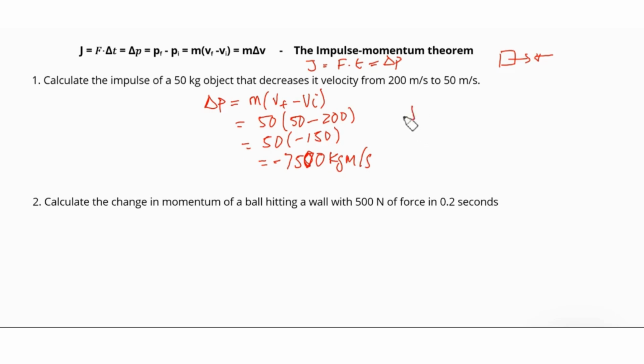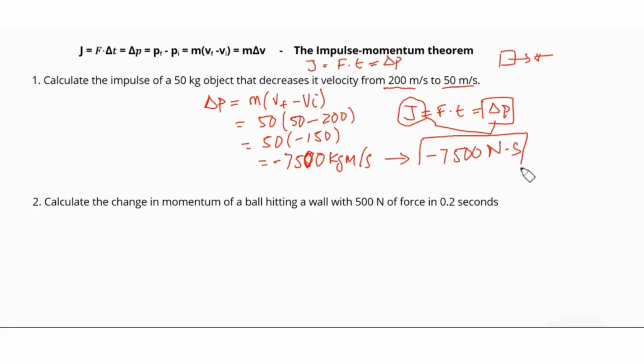Since J, which is F·t, is equal to the change in momentum, that means that the impulse is the same as the change in momentum. So our impulse would have been negative 7,500 newton seconds. Okay, so that is the impulse needed to convert the speed of this from 200 meters per second to 50 meters per second. How I applied this force is not known.